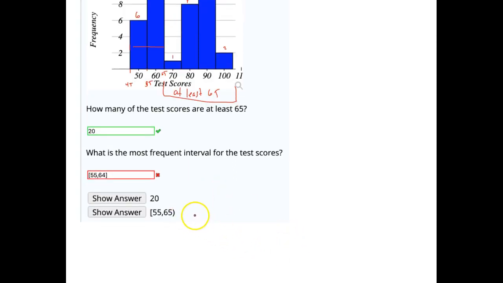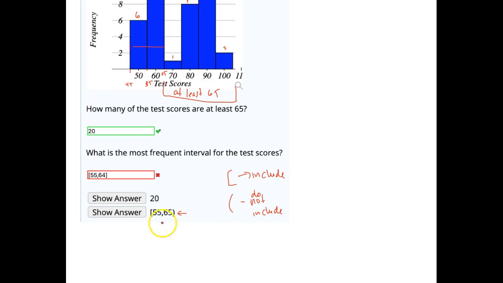And so that's why this answer is here, from 55 to 65. Now, the one thing we need to learn about interval notation is that this symbol here means include, right? This means do not include. If you see a parenthesis, do not include.